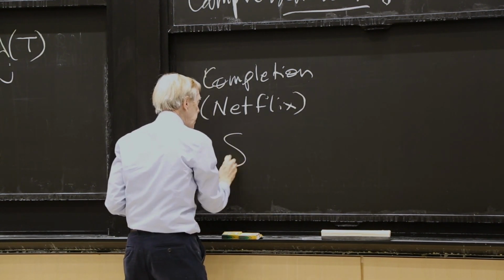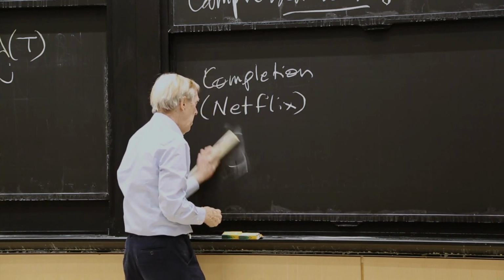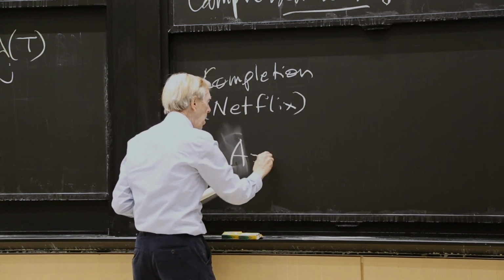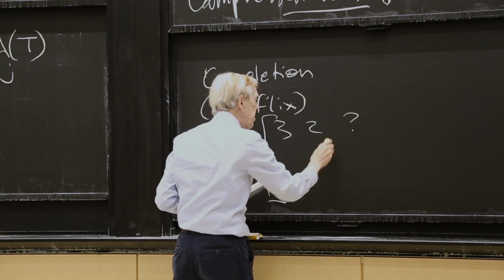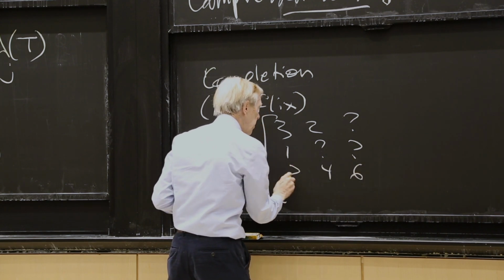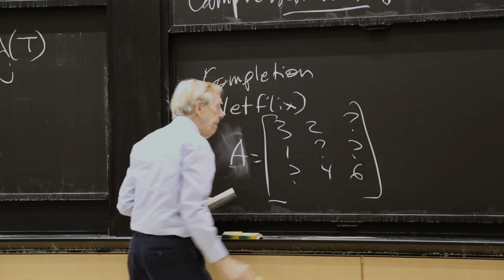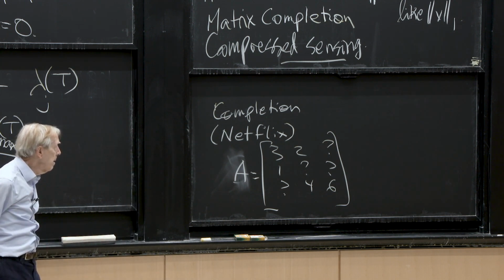So I have the matrix A. Three, two, question mark, question mark, question mark, 1, 4, 6, question mark. Missing data.